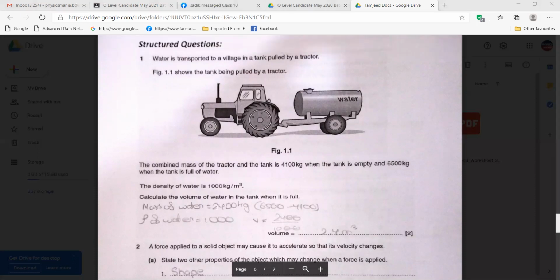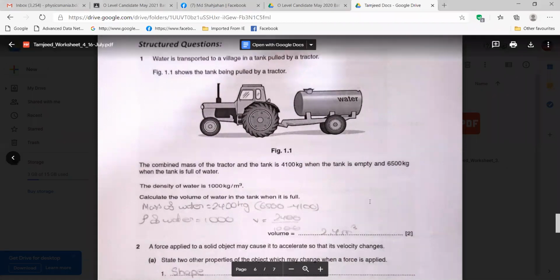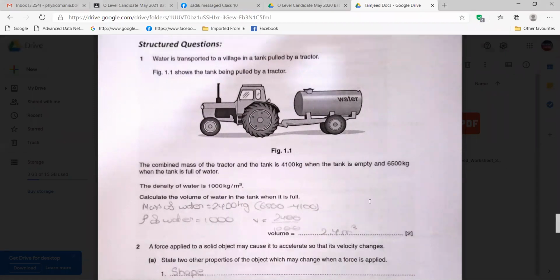MCQ part I did not write here. Fine. Let us check from there. Okay, here you got. Can you read the structured part?